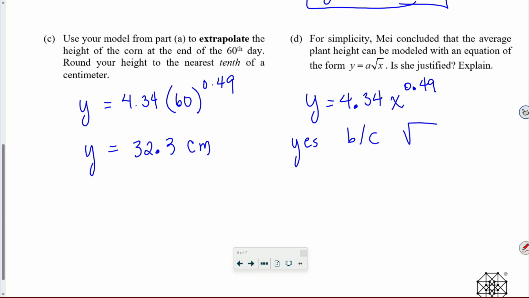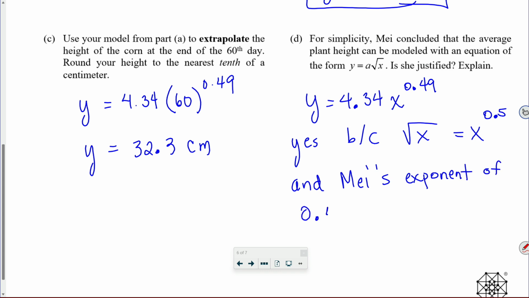because the square root of x is x to the 0.5, and May's exponent of 0.49 is very close to 0.5.